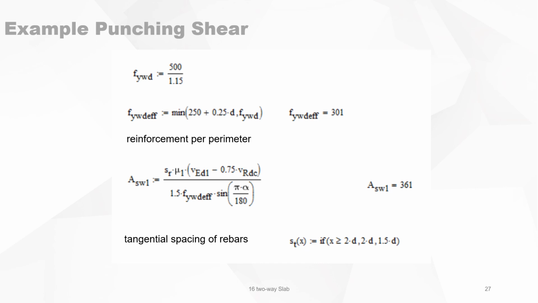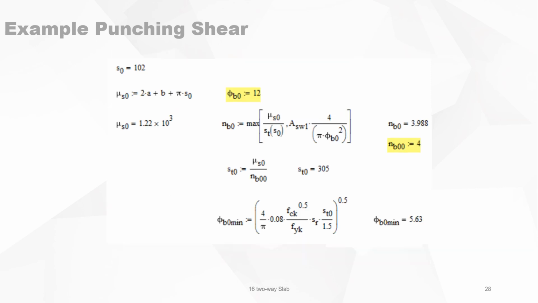Then we calculate the reinforcement needed per perimeter, that's 361. And then again, you have a lot of combinations possible. You have to choose the reinforcement diameter to fulfill Asw and to fulfill the maximum spacing of reinforcement. It's a repetition, of course, so I've only put in here the final result.